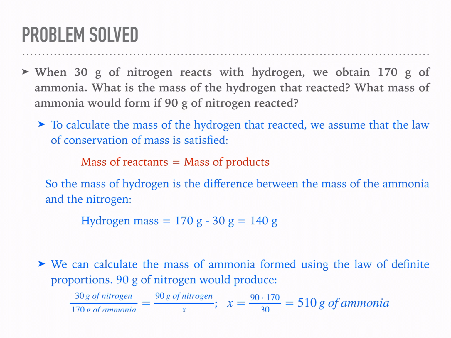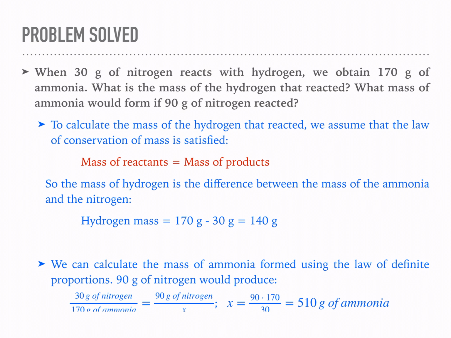So having this in mind, the mass of the hydrogen is the difference between the mass of the ammonia and the nitrogen. Why? Because we see that the reactants here are nitrogen and hydrogen, and the product is ammonia. So I know the ammonia is the total mass, because as a product I only have ammonia, and that's 170 grams. And I know I have 30 grams of nitrogen. So 30 grams of nitrogen plus something, that's hydrogen, has to be equal to 170.